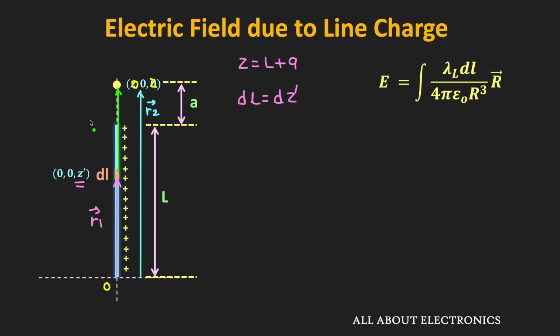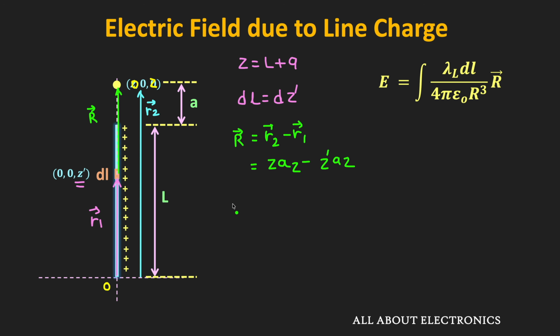That means here, this vector is r. As you can see, this vector r is nothing but r2 minus r1, right? So here, r2 is equal to z times a_z. And similarly, r1 is equal to z' times a_z, because this height is equal to z'.